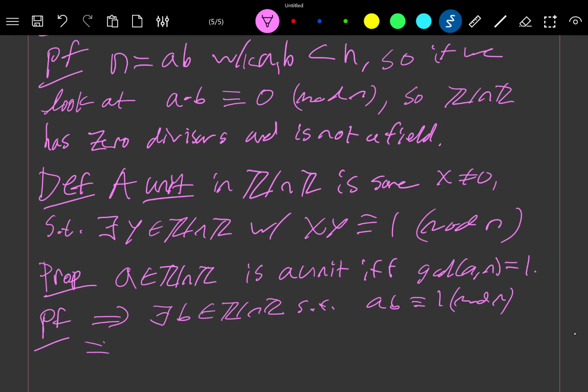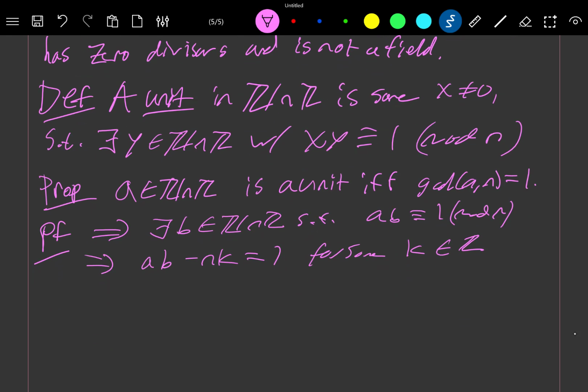So that tells us that ab minus nk is equal to 1 for some k in the integers. But what does this say? We have an integral combination of a and n equaling 1.